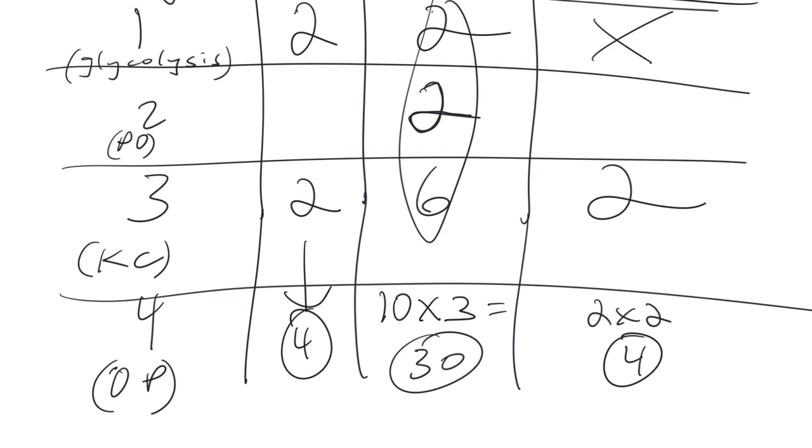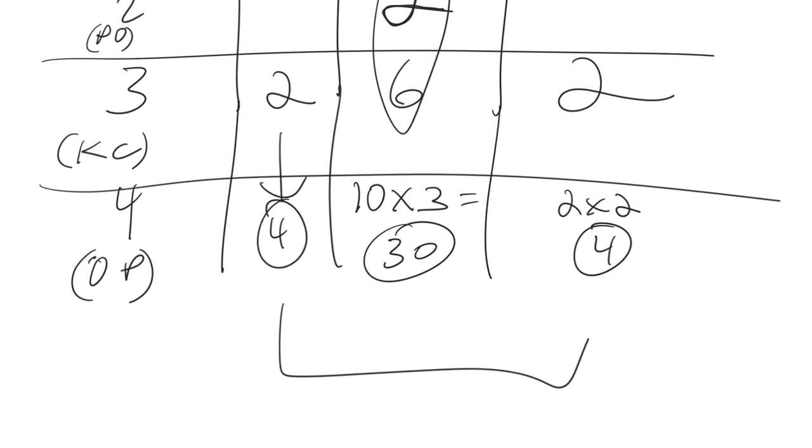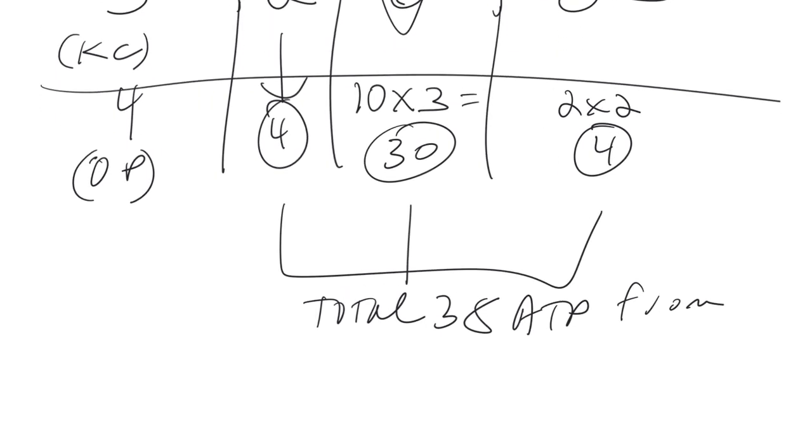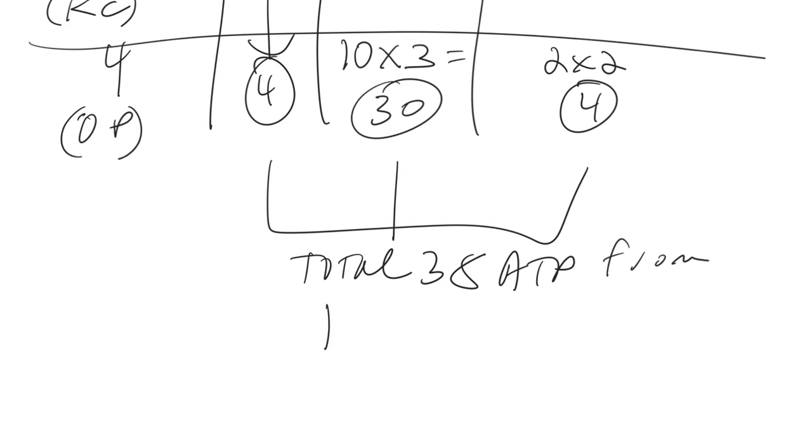So 30 plus 4 plus 4 comes out to be a total of 38 ATPs formed from the energy released when 1 glucose was broken down by aerobic respiration.